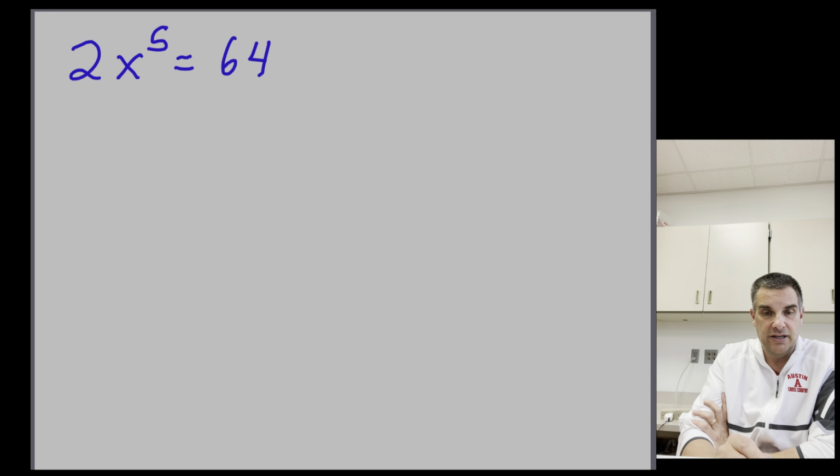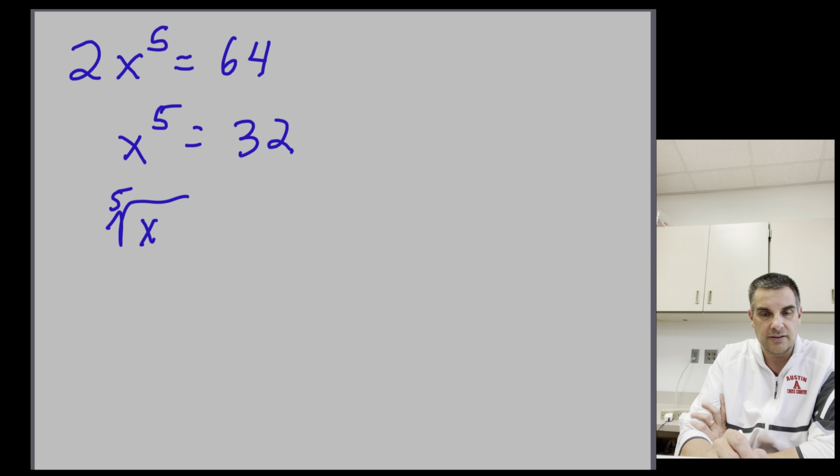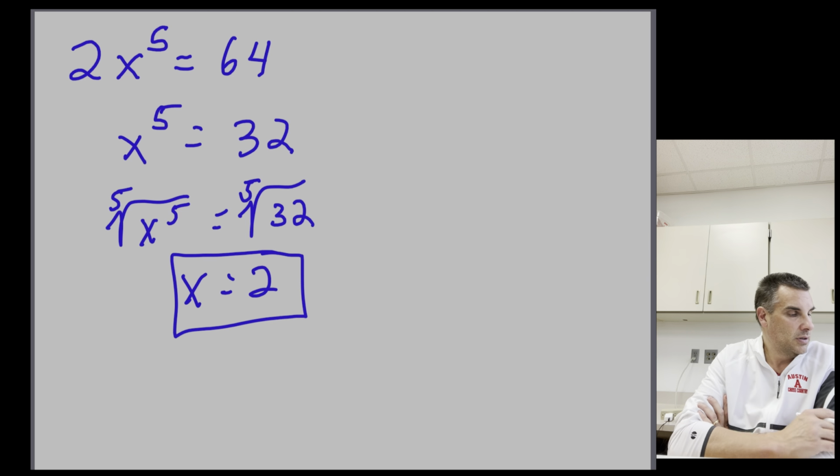So we're going to divide by 2. So you get x to the fifth equals 32. And then we're going to take the fifth root of both sides. And whatever that is, I think you get x is equal to 2. So your solution to this is going to be 2.